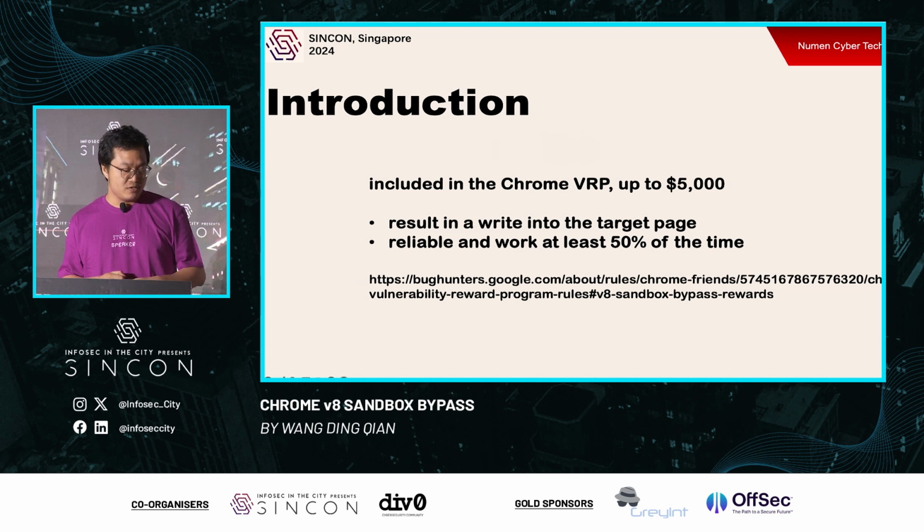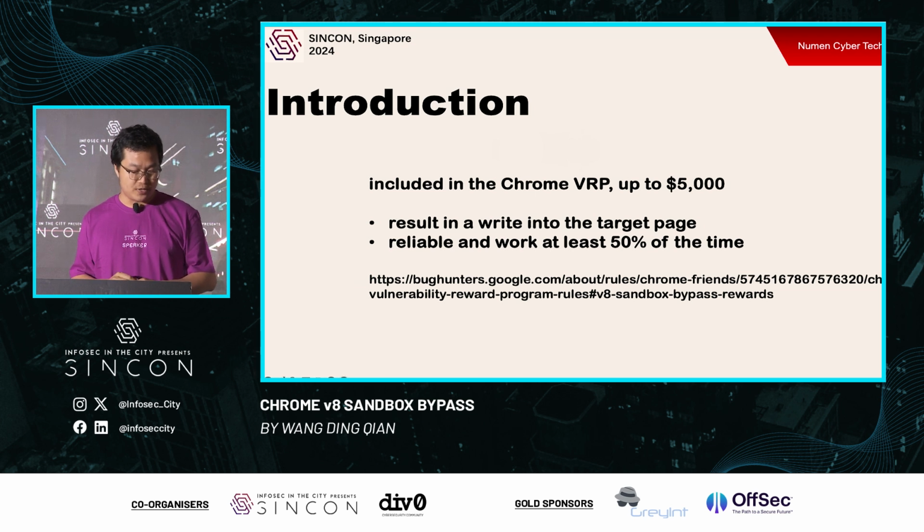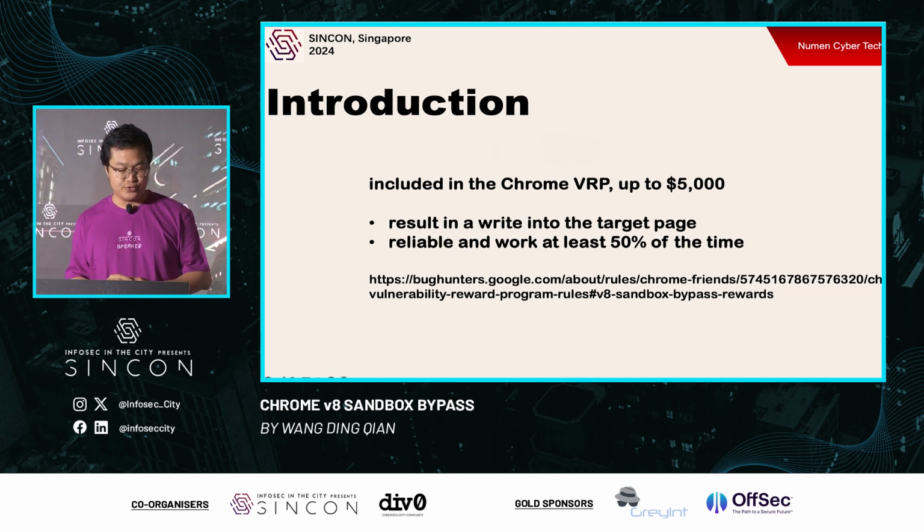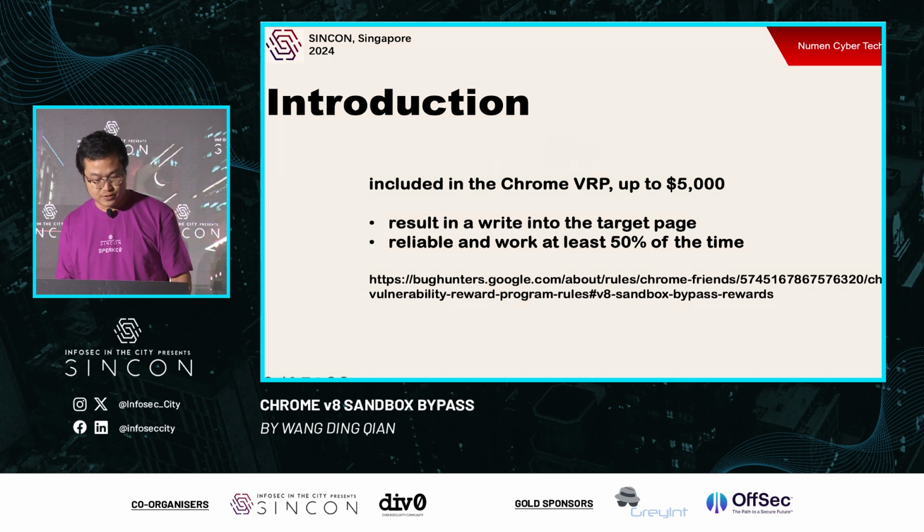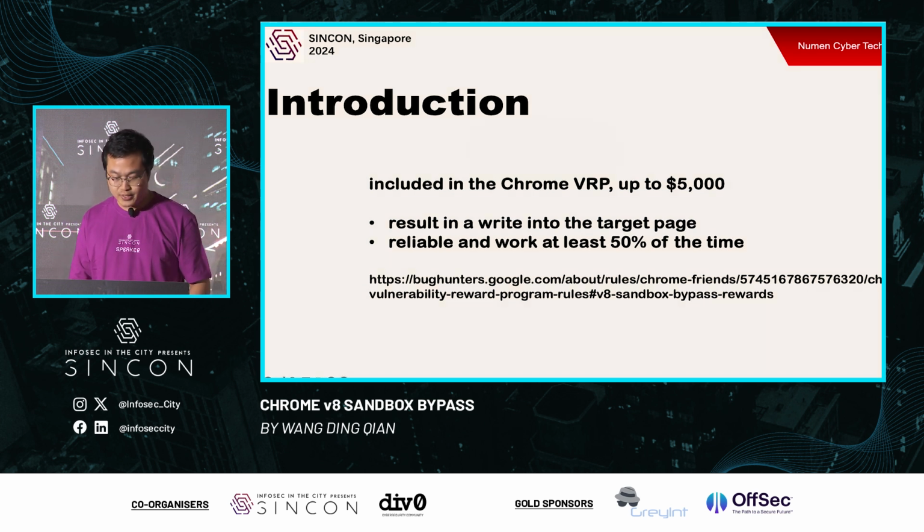The second is your success rate: you have to be reliable and work at least 50% of the time. That means your exploit has to be very stable. At the bottom is the URL we can check.